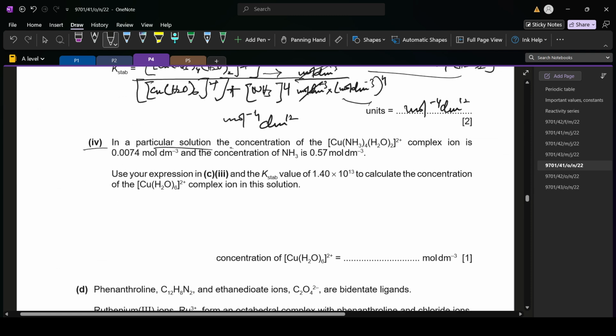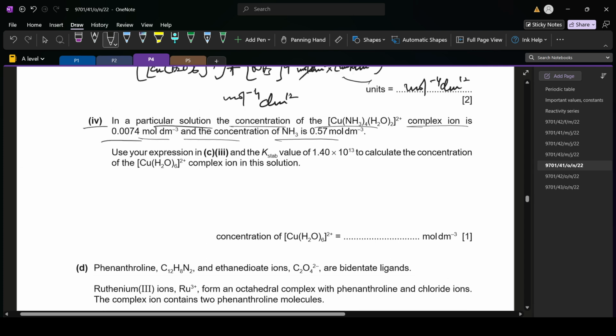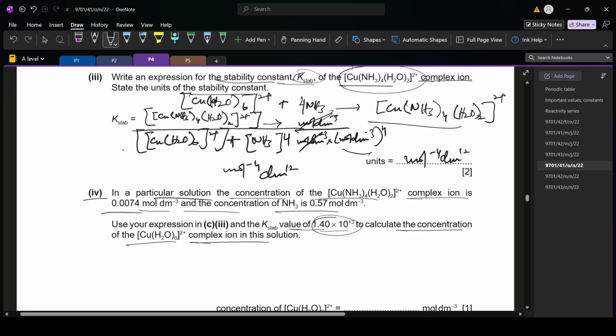In a particular solution, the concentration of this complex ion is 0.07 mole per dm cube and the concentration of ammonia is 0.57. Use your expression and the K stability value, which is also given to you, to calculate the concentration of this complex. So you have to use this expression.